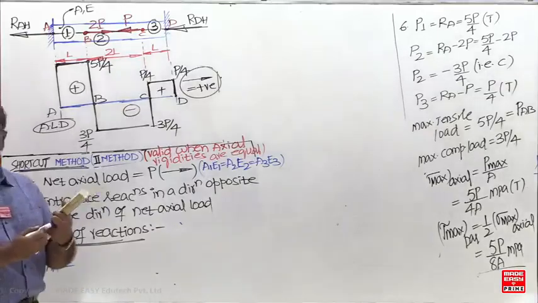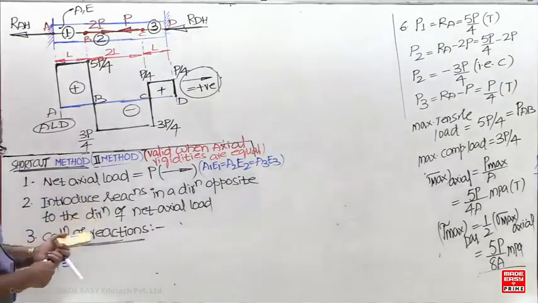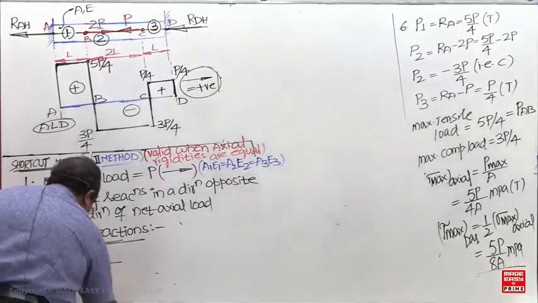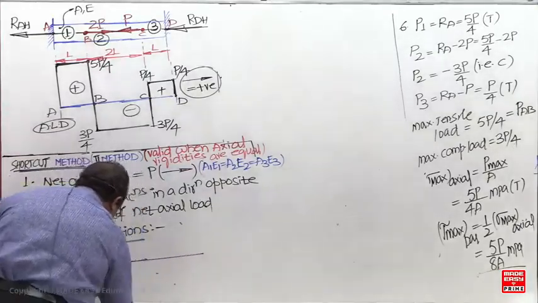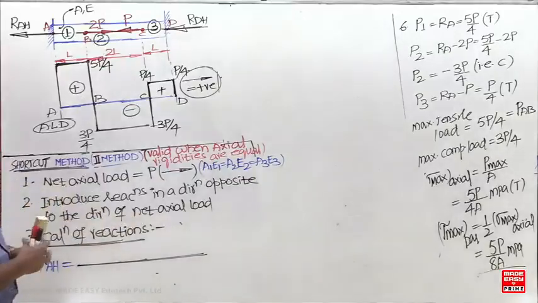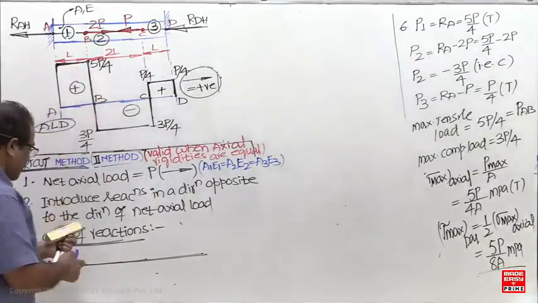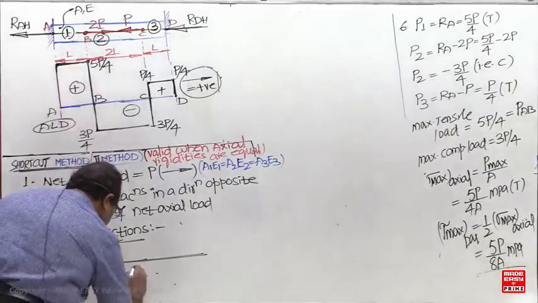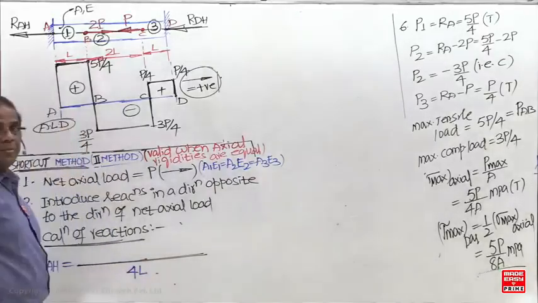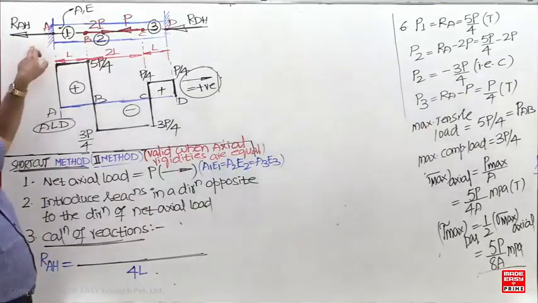In the denominator, you take the distance between the supports. What is the distance between the supports? It is 4L. Then you check it, I am calculating RAH.